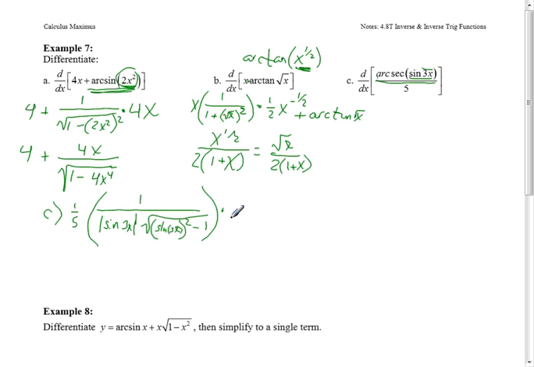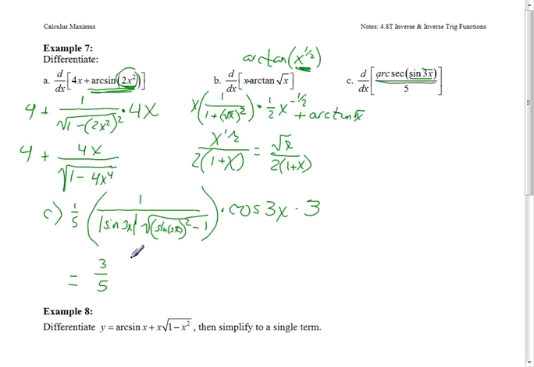So the derivative of sine of 3x is cosine of 3x. And then we had a derivative inside a function inside the sine function, which is 3x, so the derivative of 3x would just be 3. And we can combine this together, make it look a little nicer if we want.